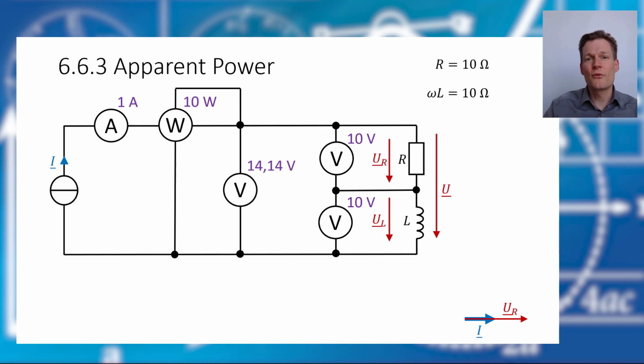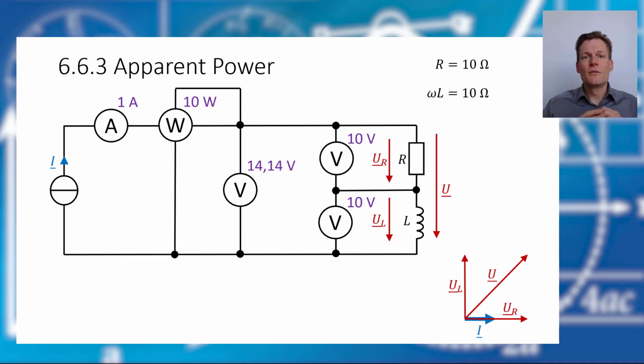That means in our phasor diagram, UL shows into this direction. And the total voltage we measure is the sum of these two. And if we have a look in our phasor diagram, we measure this voltage.